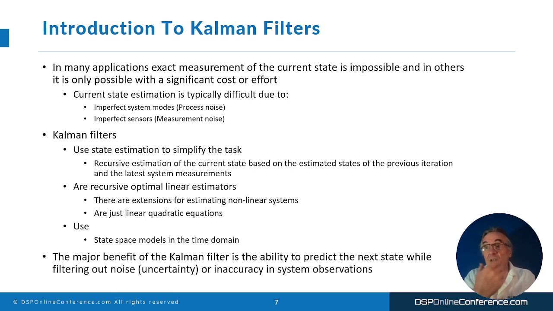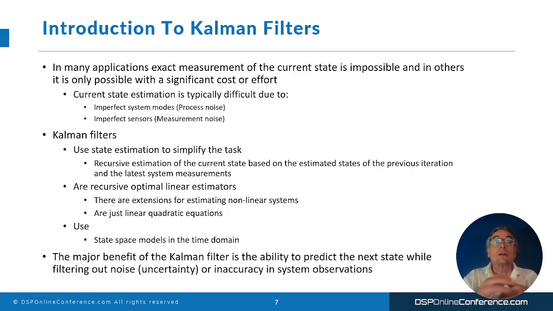And this was true of the application I was involved with, where it was very expensive to measure the position of this object accurately. So the customer tried using cheaper transducers and Kalman filters to replicate the accuracy, and that's exactly what we did.